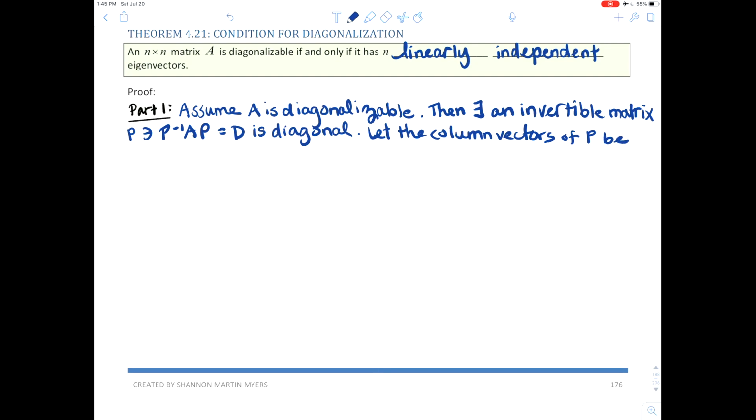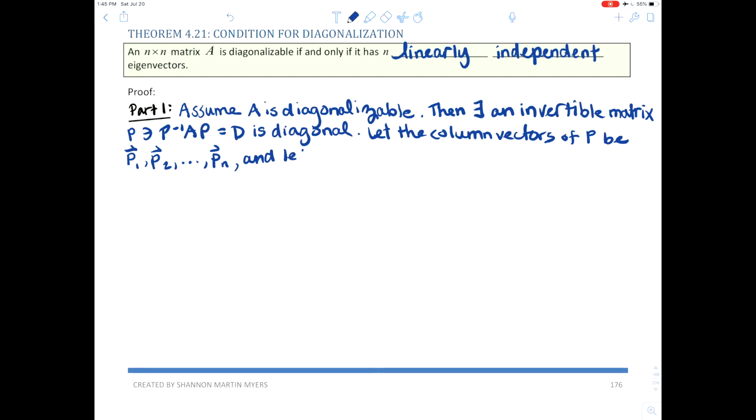be, well, let's make it easy. How about P1, P2, all the way down to Pn, because remember A is n by n. And we also want to identify what? Well, we're dealing with a diagonal matrix, right? So we need to know the diagonal entries.